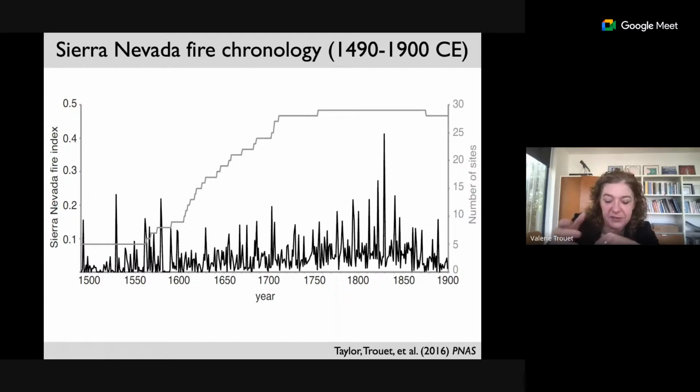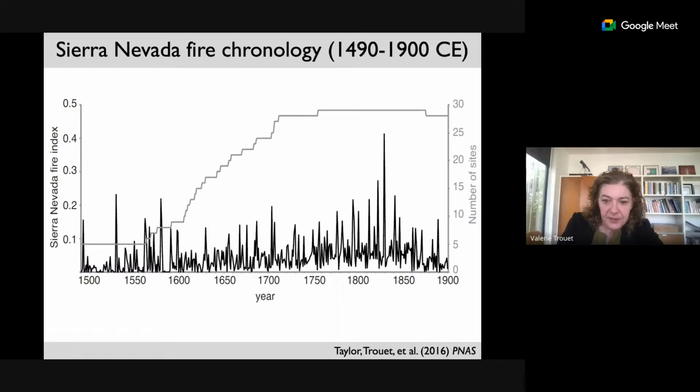So 1829 is this peak, for instance, that you see when 25 of the 29 sites that we sampled were all burning. Again, this is from all the way in the south to all the way in the north. It doesn't mean that this was one big continuous fire, of course. It just means that the conditions were such that the fire risk in that year was particularly high, and there were a lot of fires happening simultaneously.